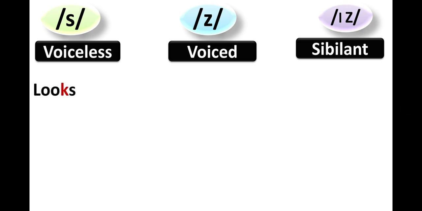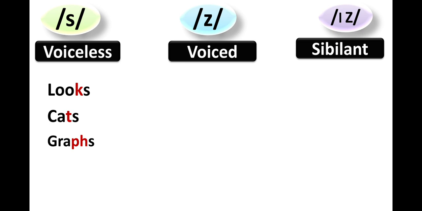Okay? Now you see looks. So K is voiceless sound. When we pronounce K, our vocal cords do not vibrate. So S will be pronounced having sound s, looks. Cats, graphs.